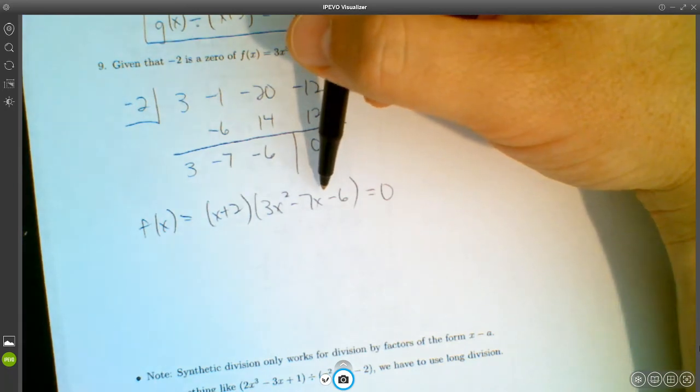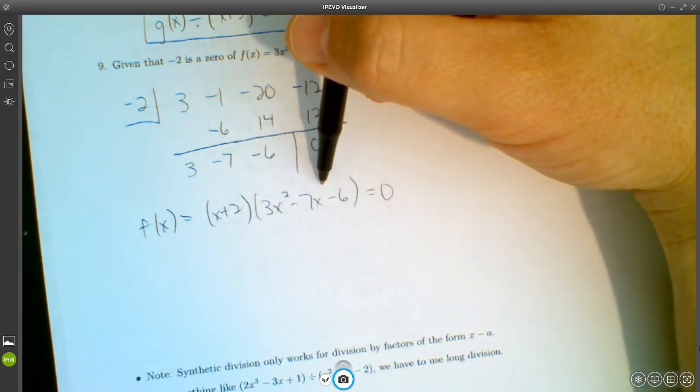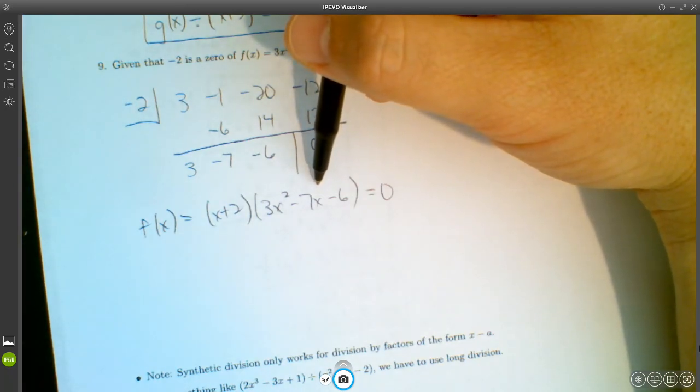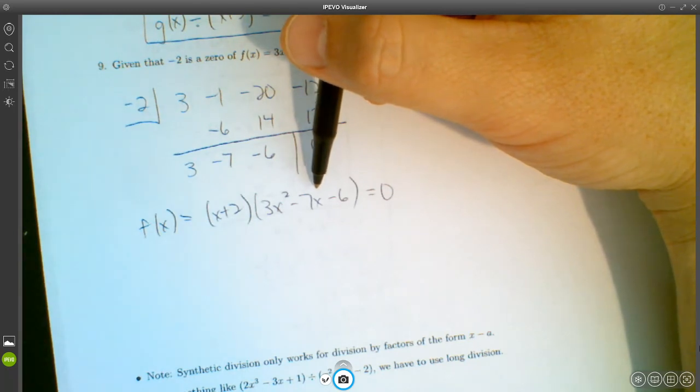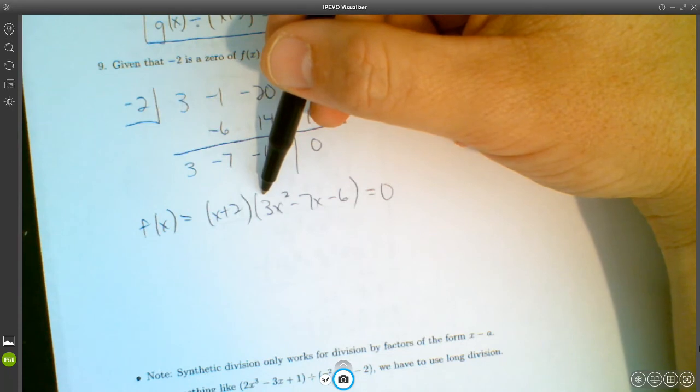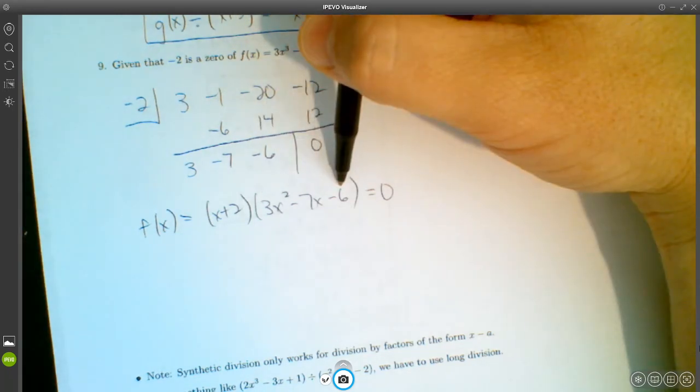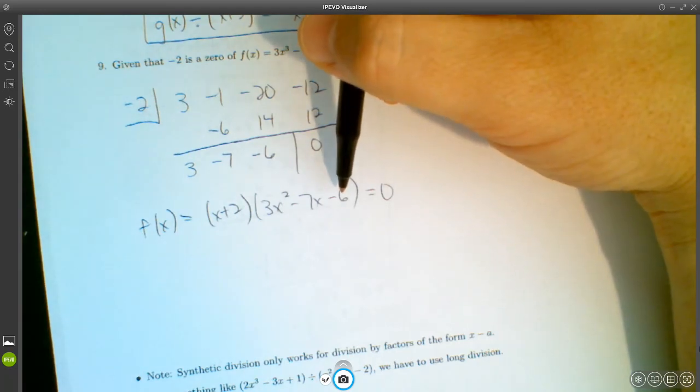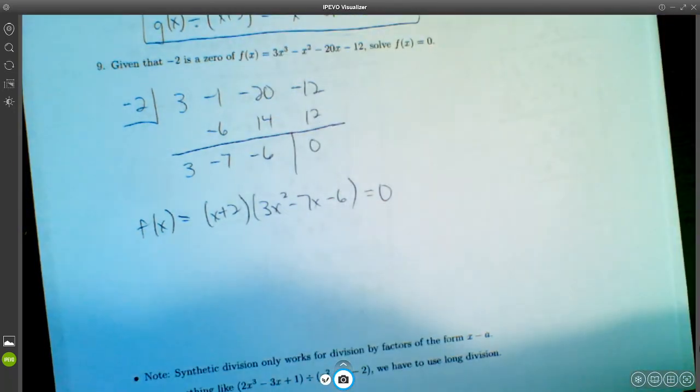Ooh, can we factor this thing? 4 times 12, 6. I don't think we can. Maybe we can. x and x. 2, 3.